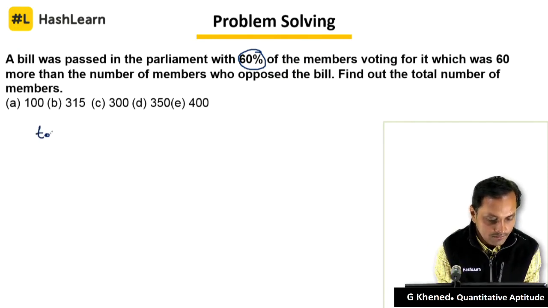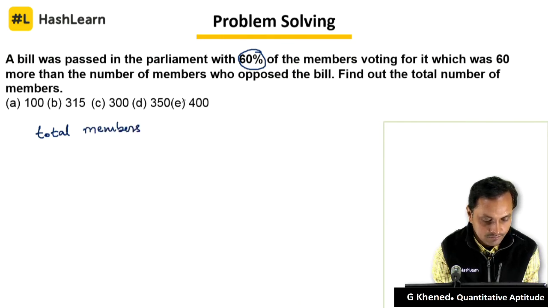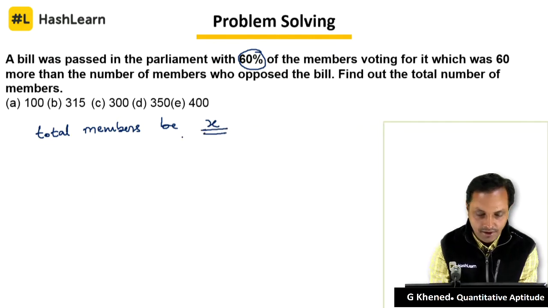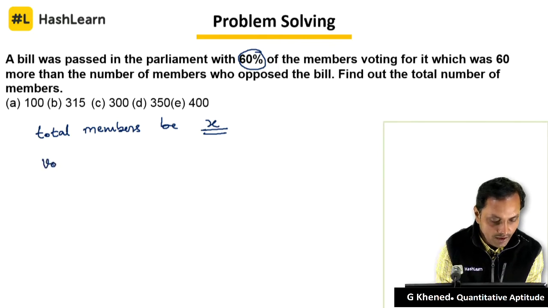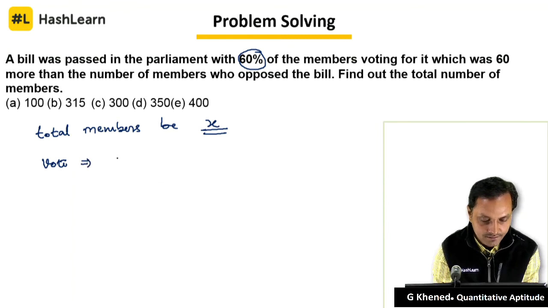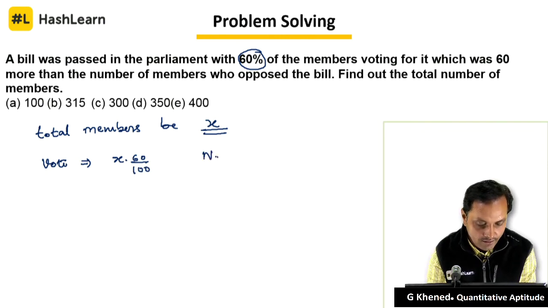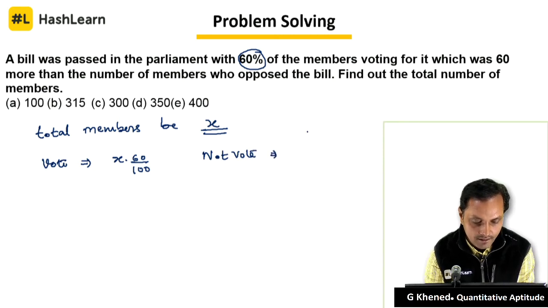The total members be X. The bill was passed with 60% voting for it. So who are voting? Voting is 60%. What is not voting? It will be 40%.